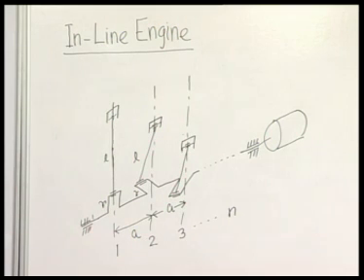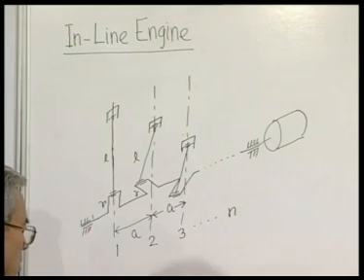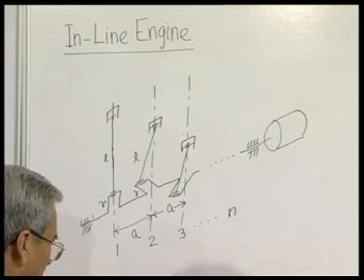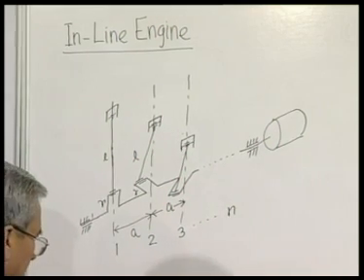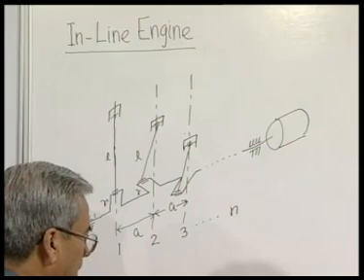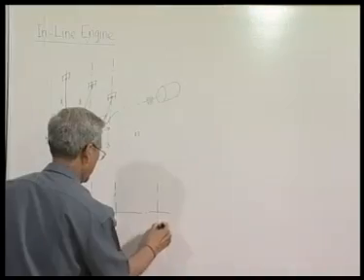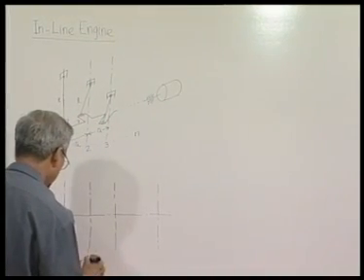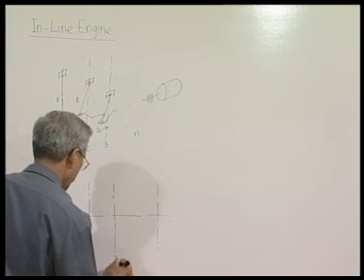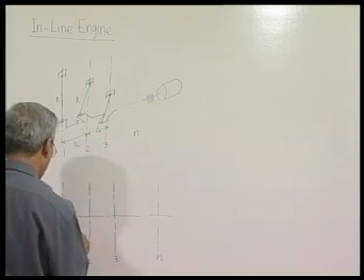So, this is an isometric view. To make our life easier, generally we will replace an isometric view by an engineering drawing like this. So, an N cylinder inline engine will look like this.